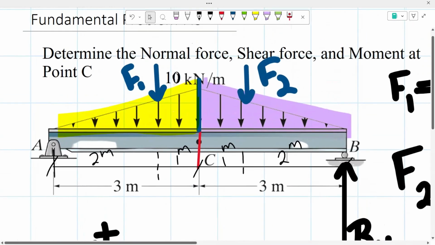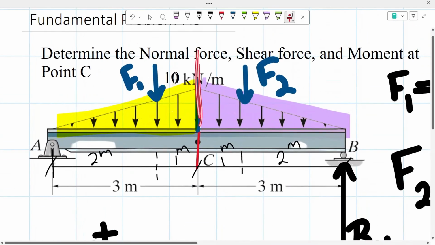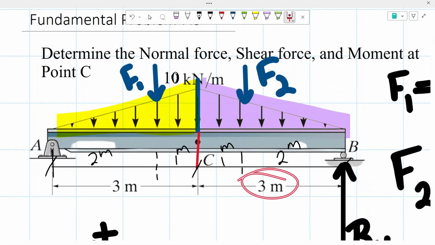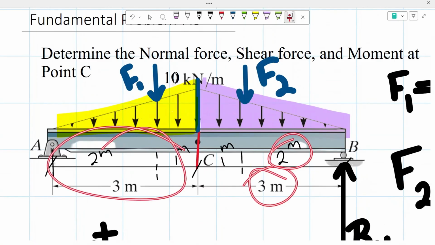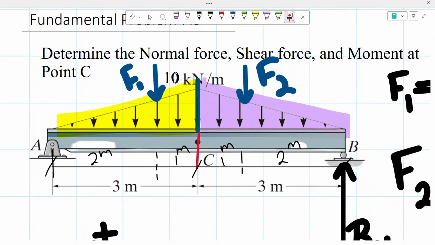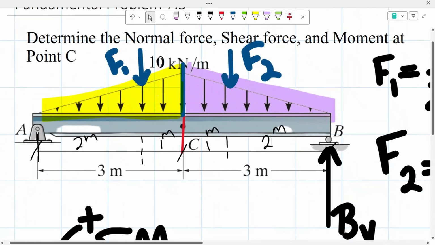Because once again, we said that from here to the force is 1/3, so 1/3 of 3 meters is 1 meter. And then we said that from here to the force is 2/3, so 2/3 of 3 meters is 2 meters, and it goes for both ways for both of these triangles.